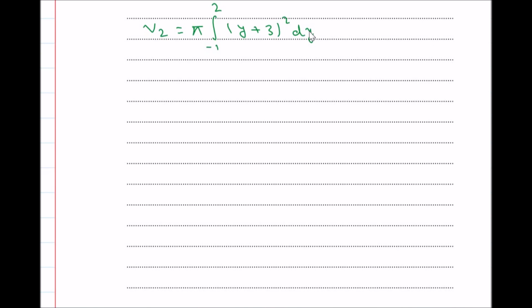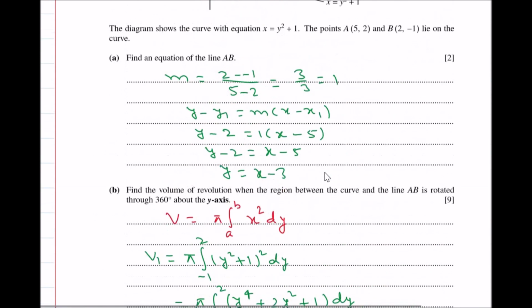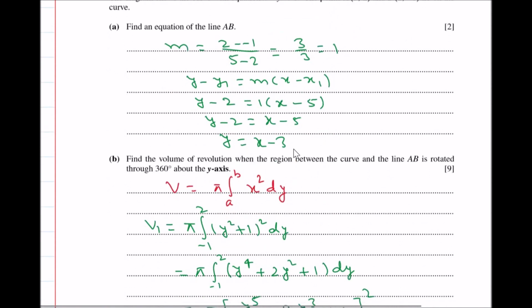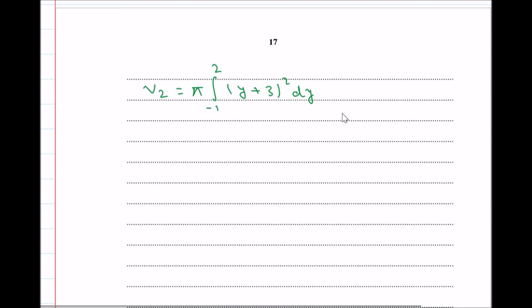In the first part we have found the equation of the line, so using from there, see, we have here y equal to x minus 3, so x equal to y plus 3. Okay, that's why y plus 3 here. So let us expand the bracket now. Minus 1 to 2, y square plus 6y plus 9 dy.